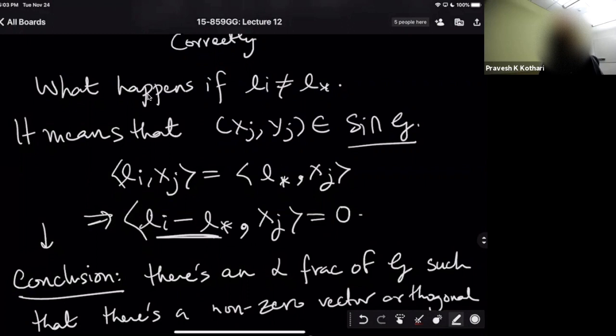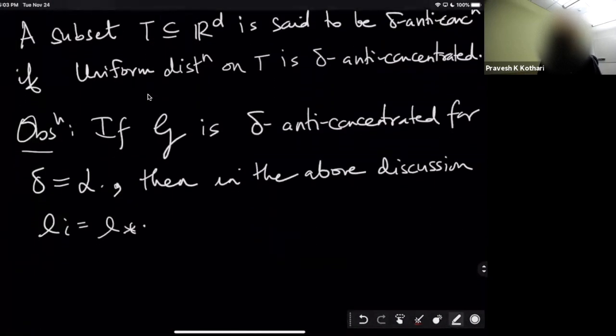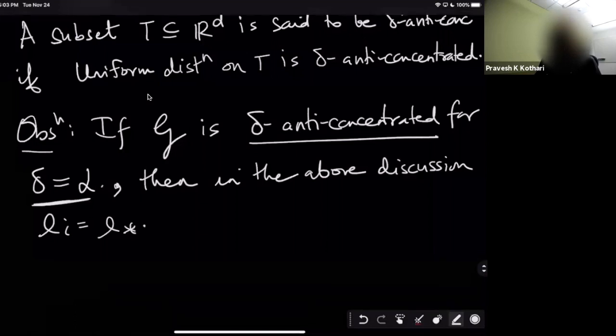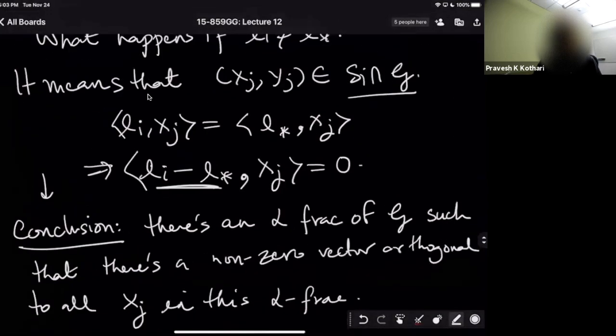Now I'm saying if we knew in addition that G is delta anti-concentrated for delta equals alpha, then in any non-zero direction, the fraction of points from G that project to zero in that direction is strictly less than alpha. Here we have found a vector, Li minus L star, that projects to zero on at least an alpha fraction of the points. Well, that's a contradiction unless Li equals L star. In other words, Li minus L star is the zero vector.